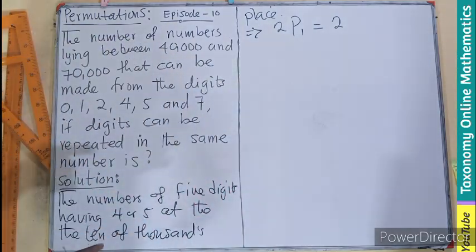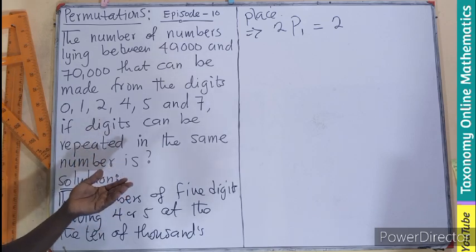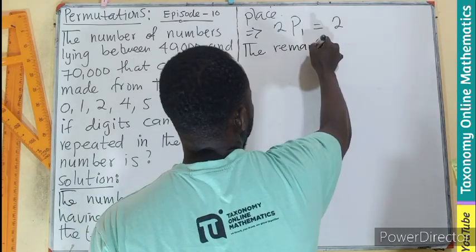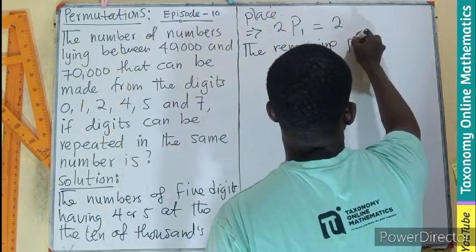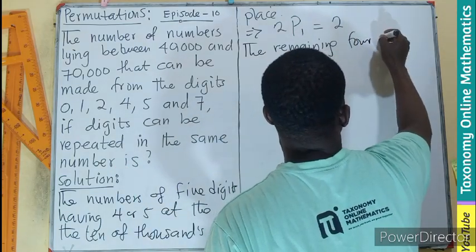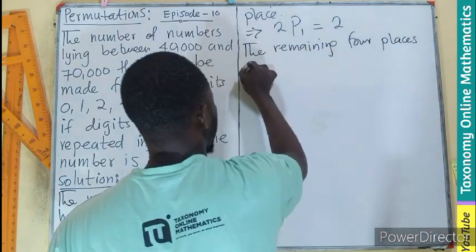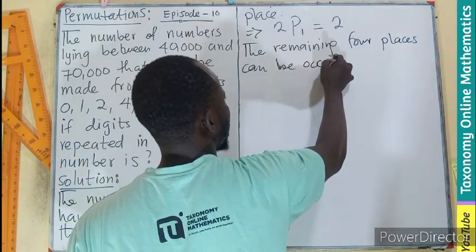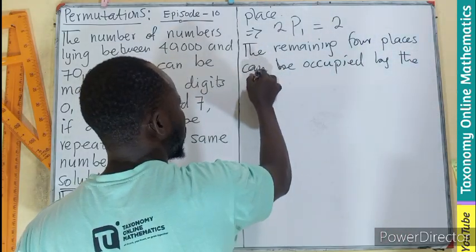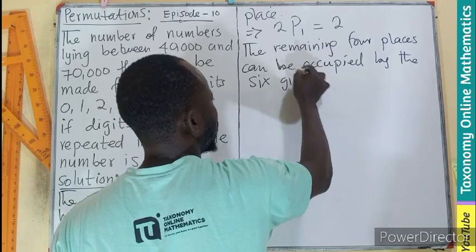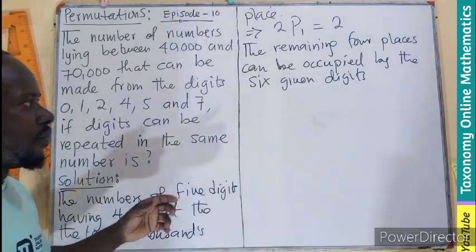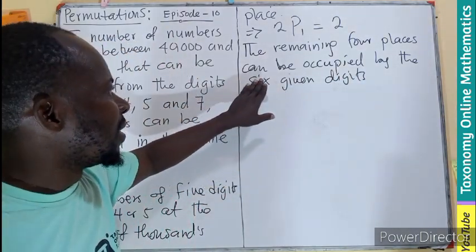We have taken the first position, so we are left with the other 4 positions. So the remaining places, how many places are going to be left? We are having 5 numbers, so the remaining 4 places can be occupied by the 6 given digits.